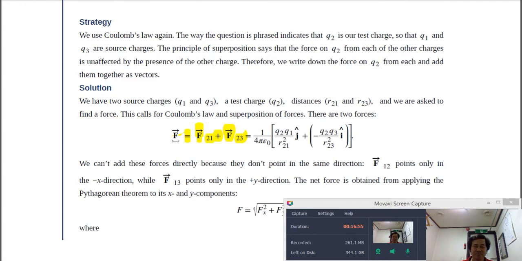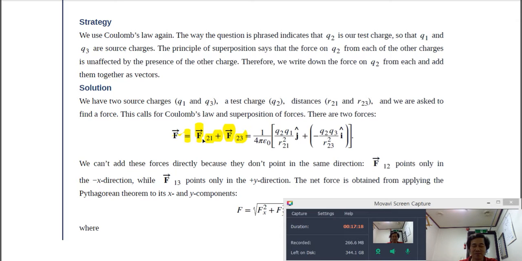So the total force is the sum of each force, and F21 is 1 over 4 pi epsilon 0 times Q1 times Q2 divided by the distance squared, R21 squared.